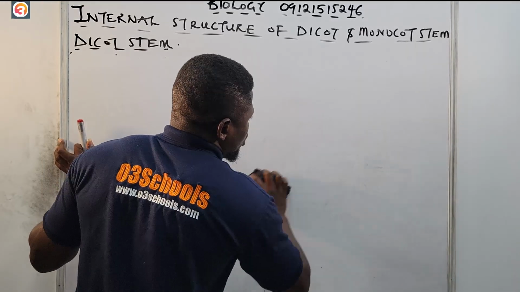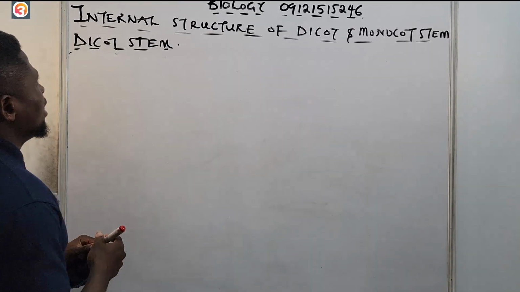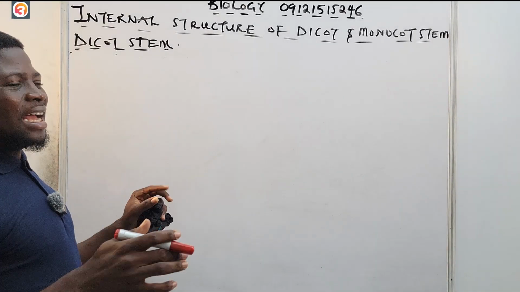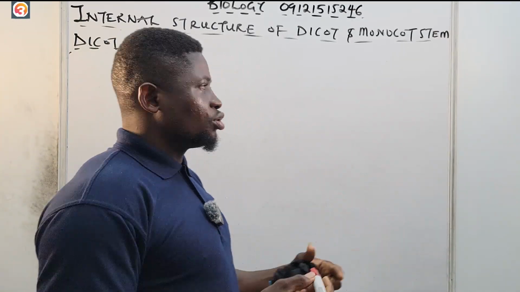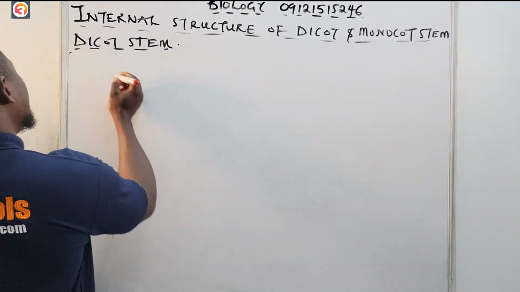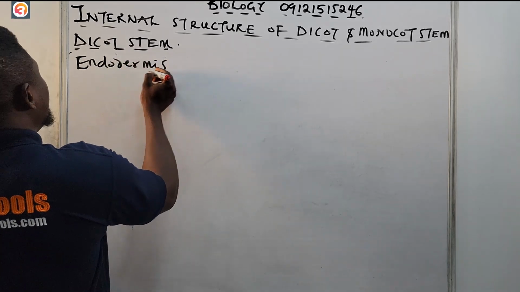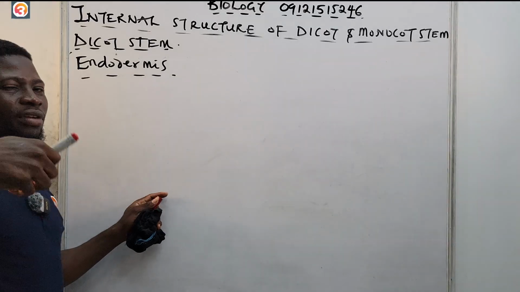Now let us go to the endodermis. We just talked about the cortex, which is made up of parenchymatous cells and may store food. It also has the function of food storage. That will now take us to the endodermis. Like we said, the endodermis is the innermost layer of the cortex.